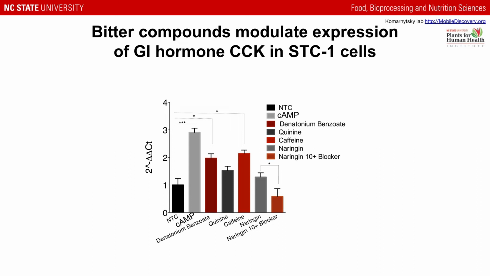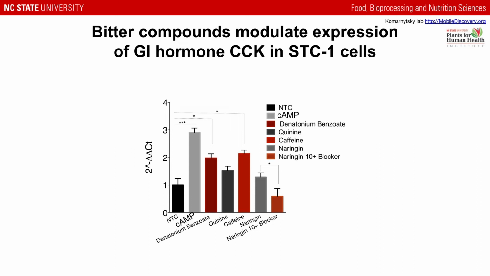This is CCK. In the same cell culture, this is your control. This is CCK expression in non-induced cells. If you stimulate them with cyclic AMP, the expression goes up. So this is your positive control. And then if you stimulate the cells with different bitter principles, here's denatonium benzoate, quinine, caffeine.